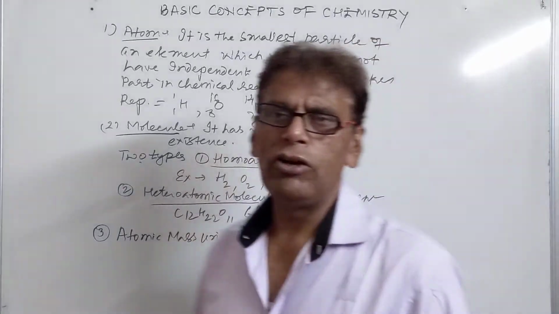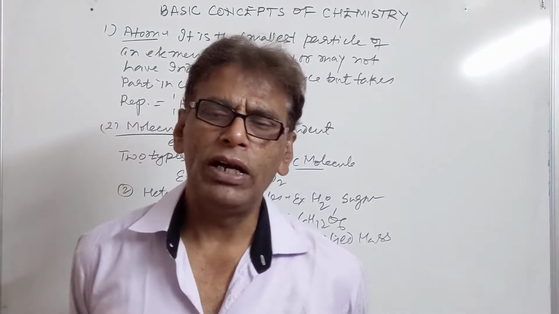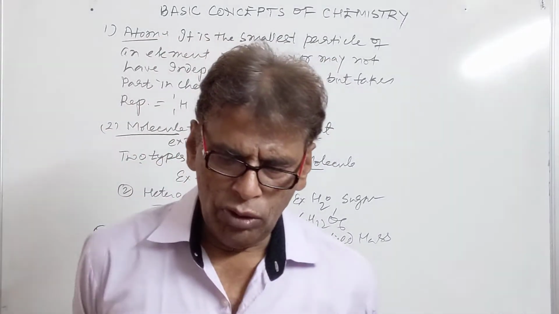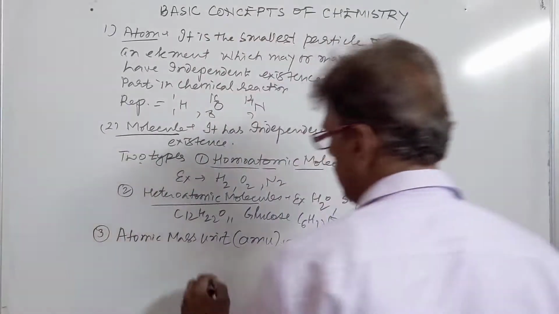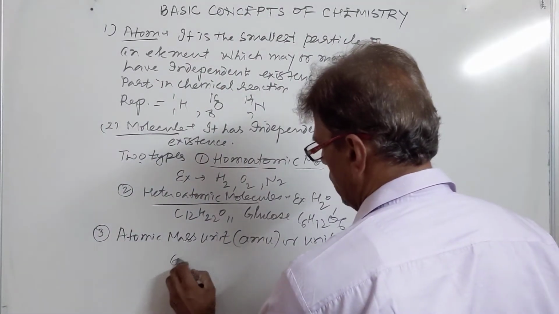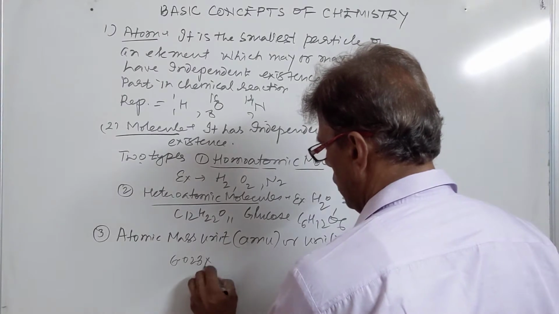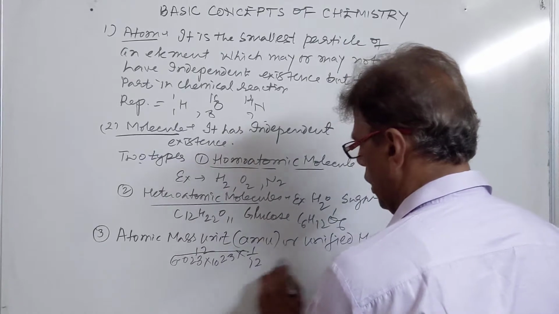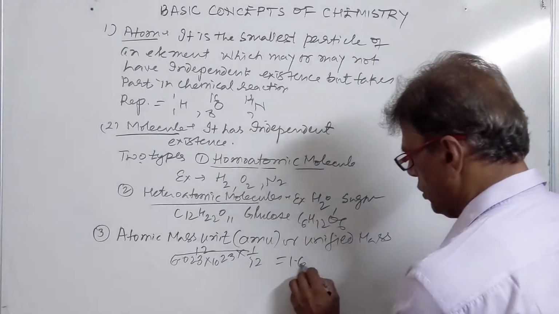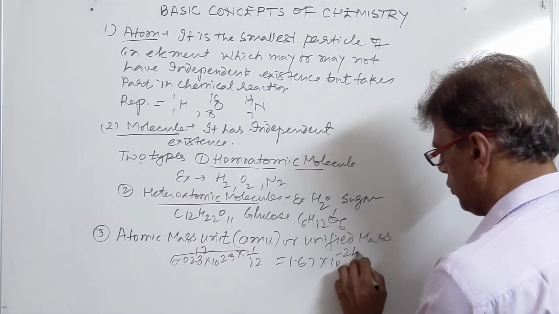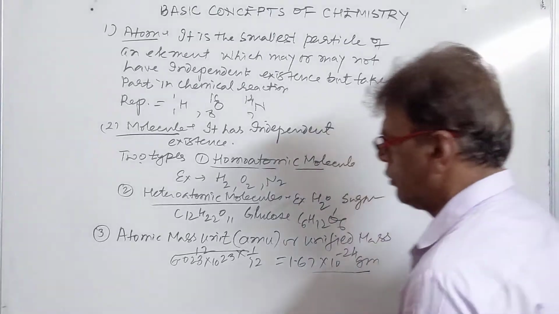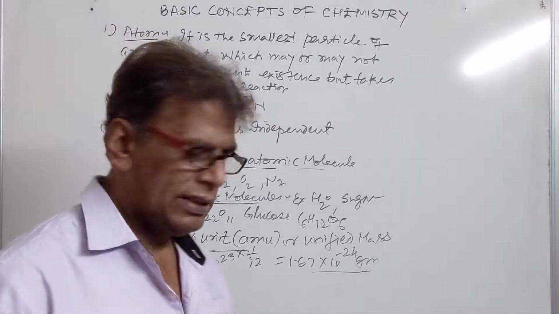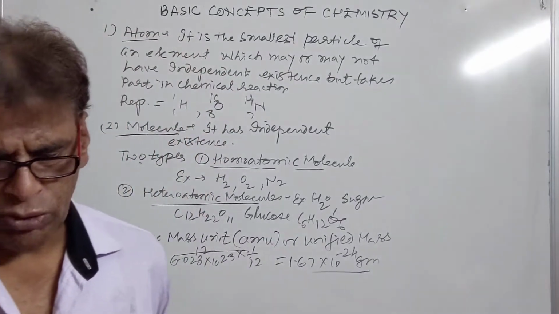It is that quantity of mass which is numerically equal to 1/12 of the mass of carbon atom, which is taken as 12. So we take 1/12 of the mass of the carbon atom. One carbon atom has mass 12, divided by 12. So we have 1.67 into 10 raised to power minus 24 gram. So this is one atomic mass unit. It is equal to 1.67 into 10 raised to power minus 24 grams.